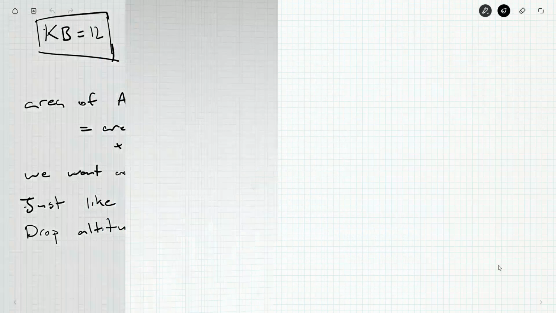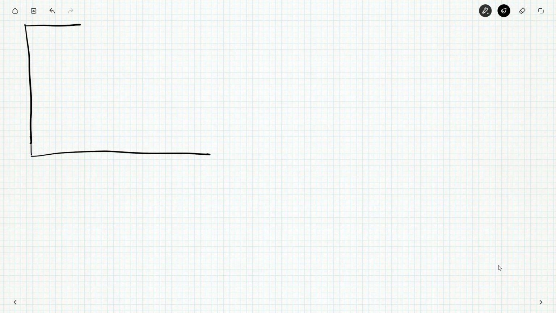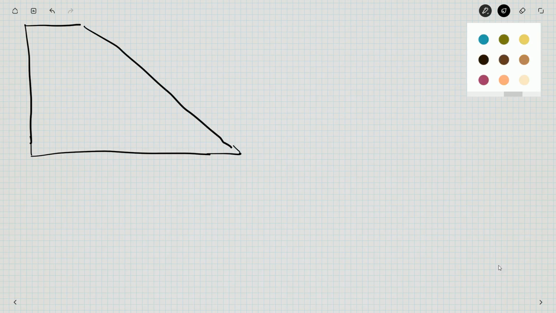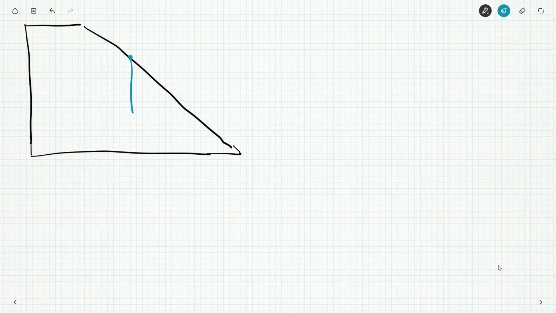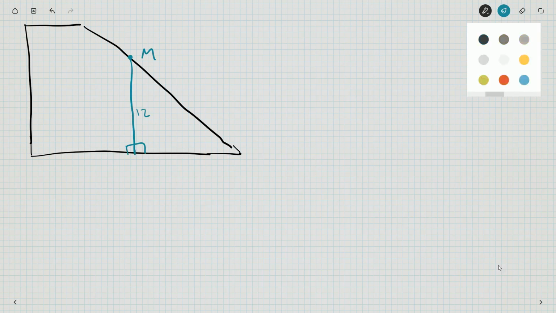Well, let's redraw the picture. So what did we have? So M is here, and we get this altitude, and it's 12. And we want MC.